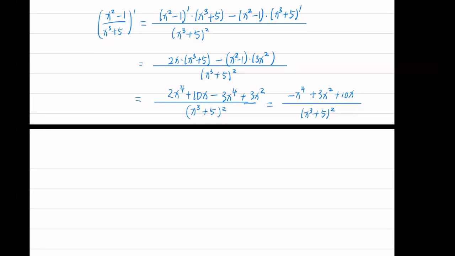Okay, let's try another one. This time I'm going to try e to the x over x cubed plus 4. Okay, apply the quotient rule.